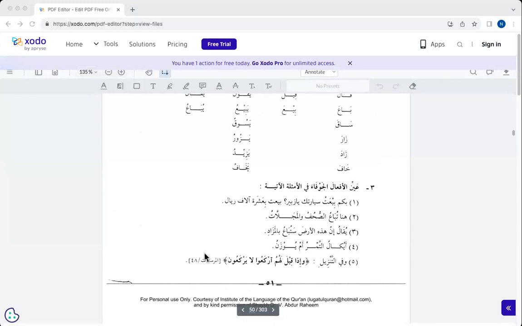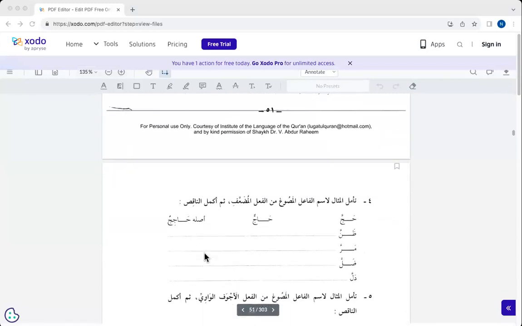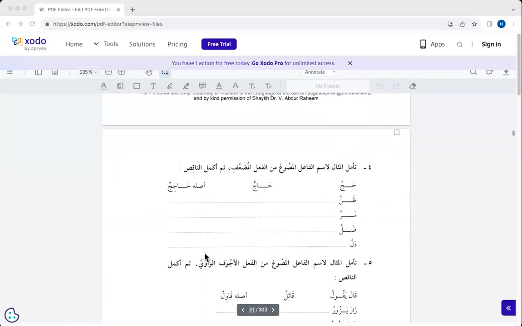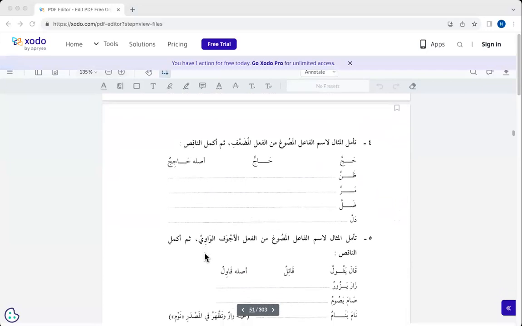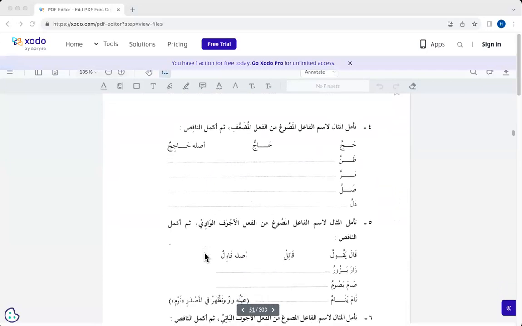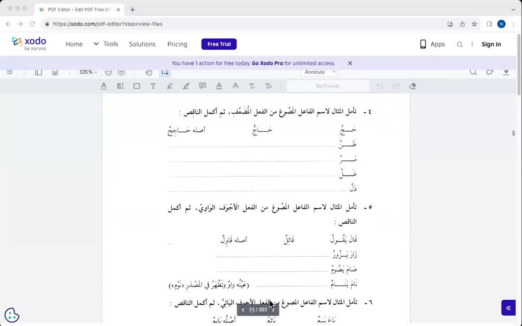So we were going through the exercises. And we were looking at how Ismul Fa'il and Ismul Maf'ul look if the fi'l is mu'tal.